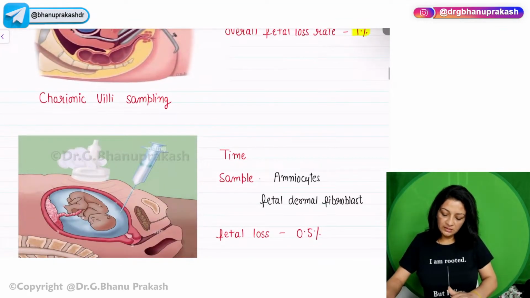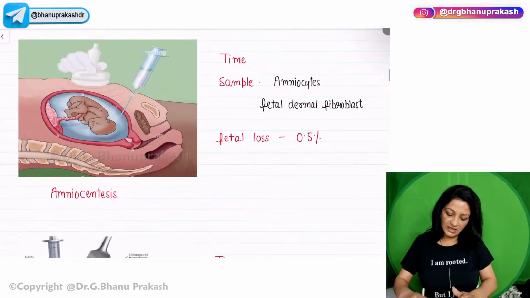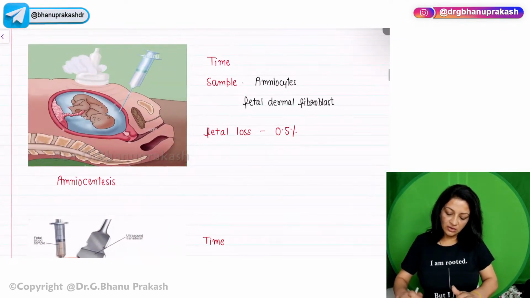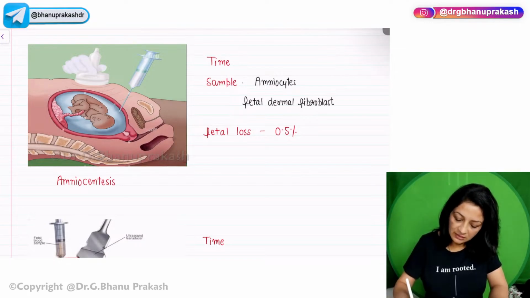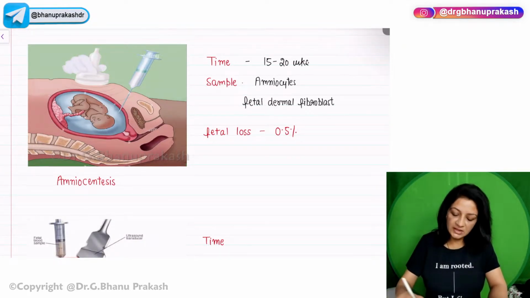So second one diagnostic test is amniocentesis. Amniocentesis timing is 15 to 20 weeks.